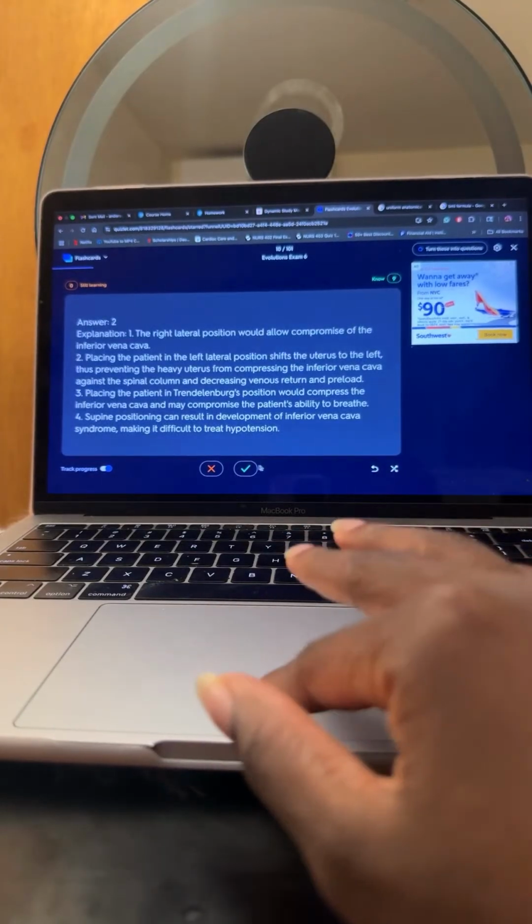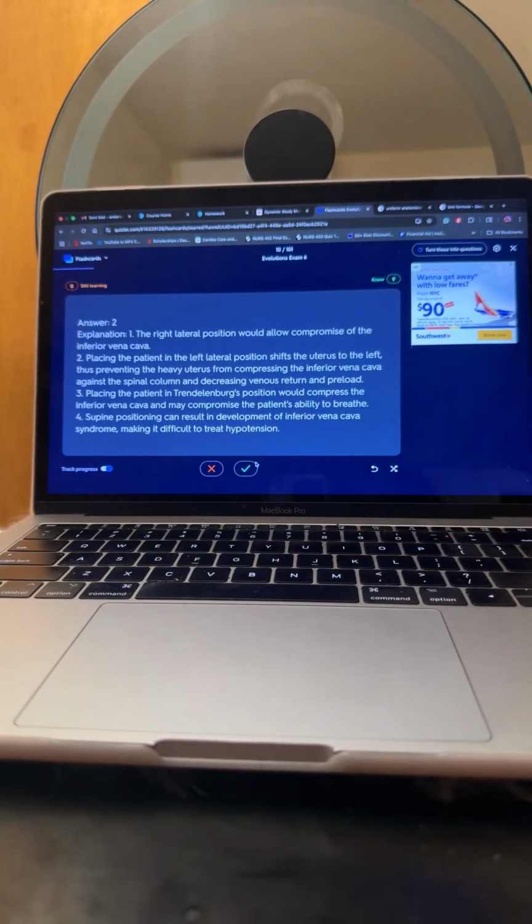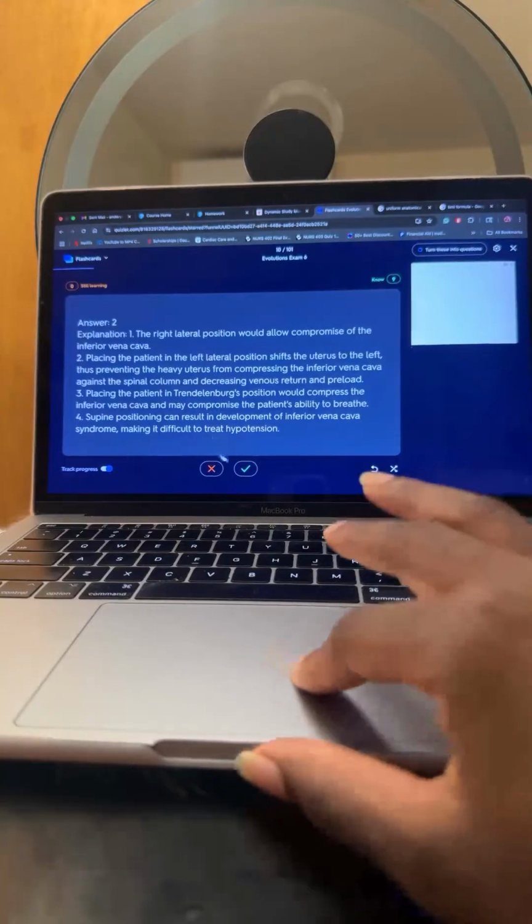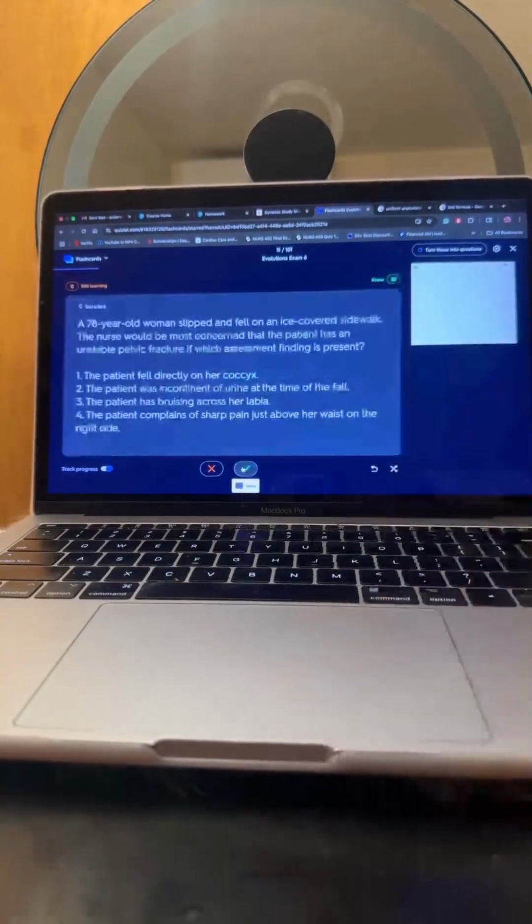The right lateral position would allow compromise of the inferior vena cava. Placing the patient in the left lateral position shifts the uterus to the left, thus preventing the heavy uterus from compressing the inferior vena cava against the spinal column and decreasing venous return and preload. We're going to turn them to their left side.